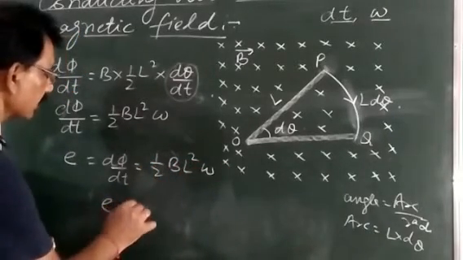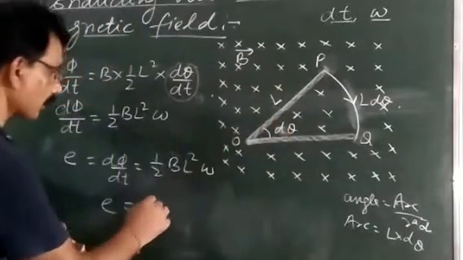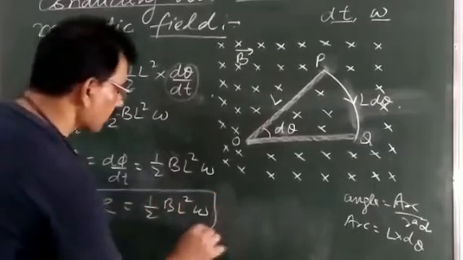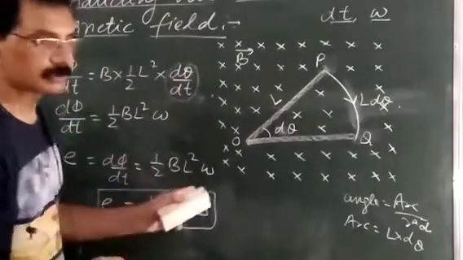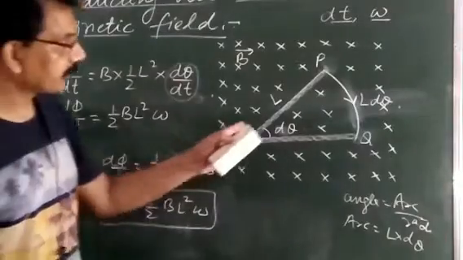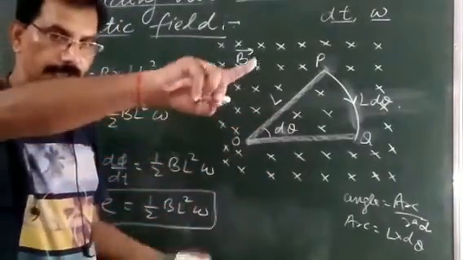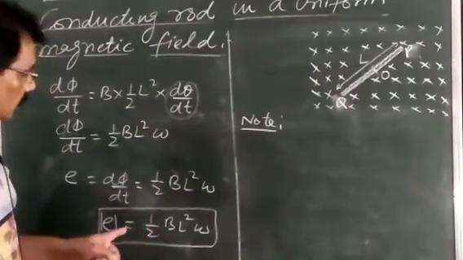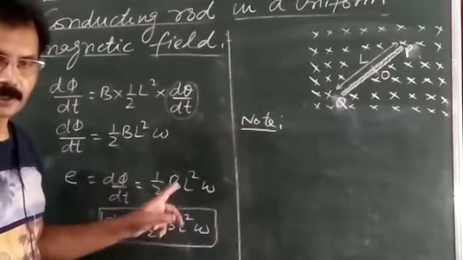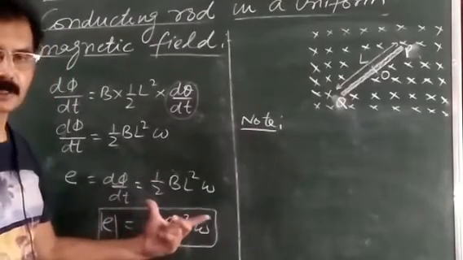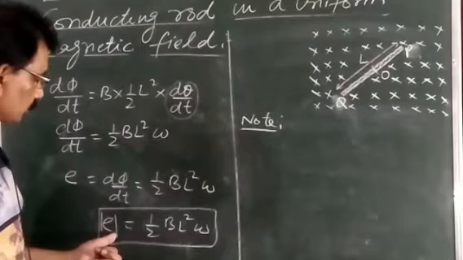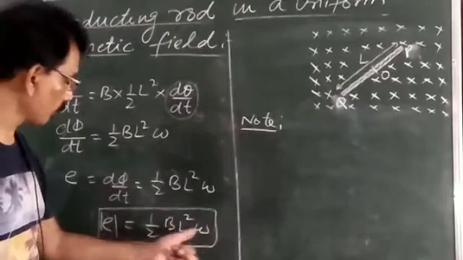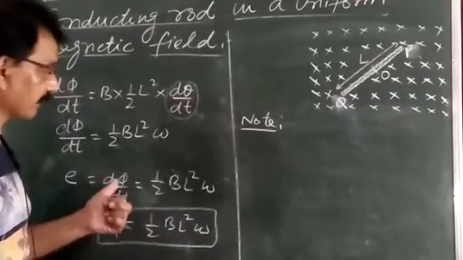It means in this case the induced EMF across the end of the rod is given by half B L square omega. And this formula is very important to solve numerical problems, especially when any conducting rod is rotating in a magnetic field. So the motional EMF induced across the end of the conductor, whose magnitude is given by mod E, is equal to half B L square omega, where mod E means I am taking the magnitude of it.